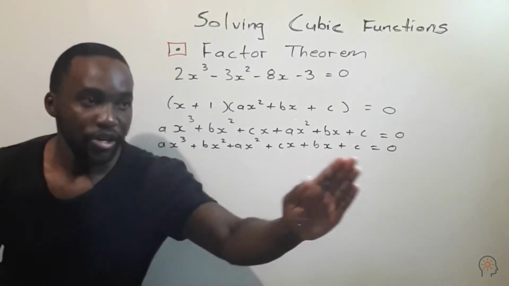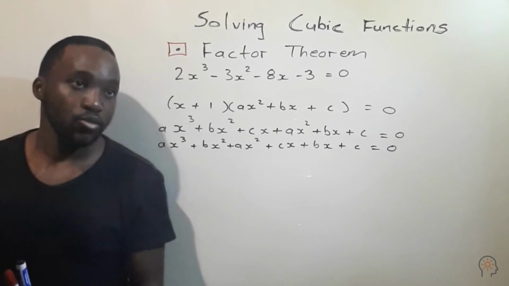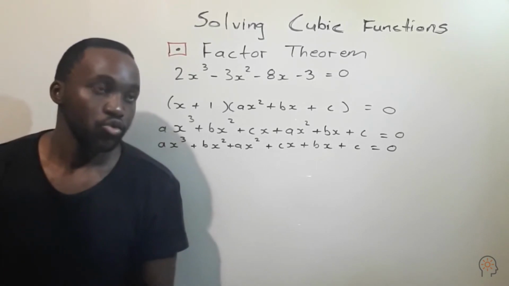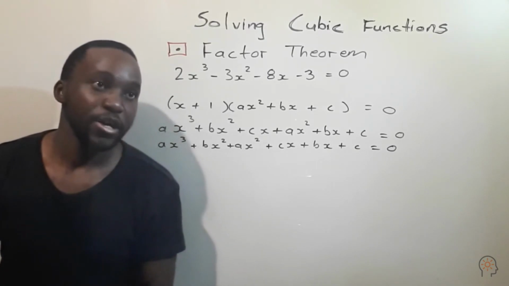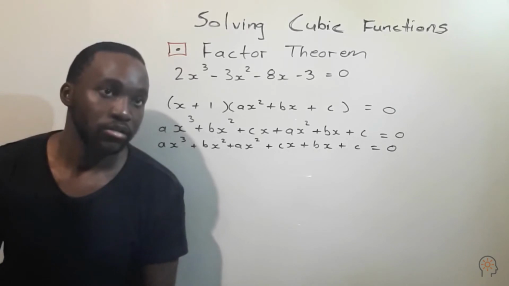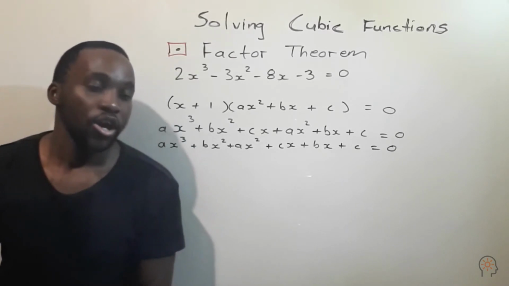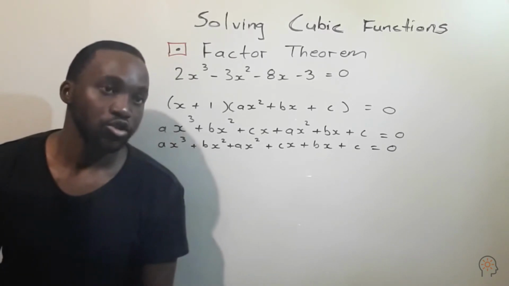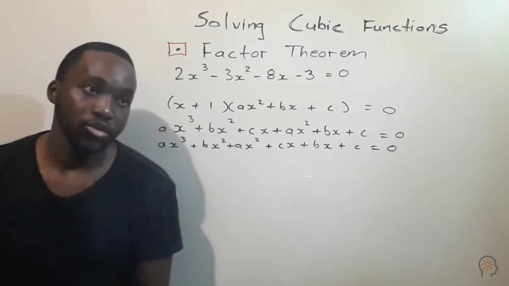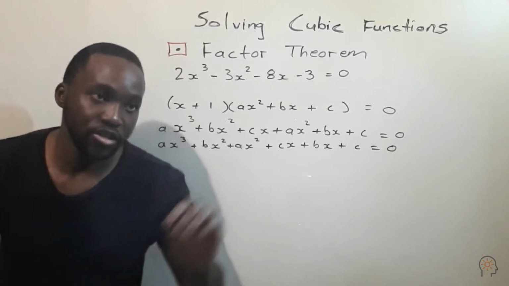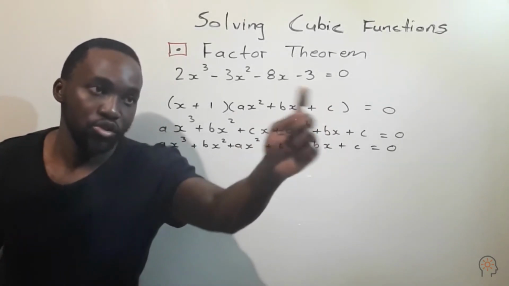So at this point, you are literally just a few steps closer to having your final answer, right? The reason is we said that we want to solve for this cubic graph, and the one key thing that is stopping us from solving it is we don't know what our other solutions are going to be.